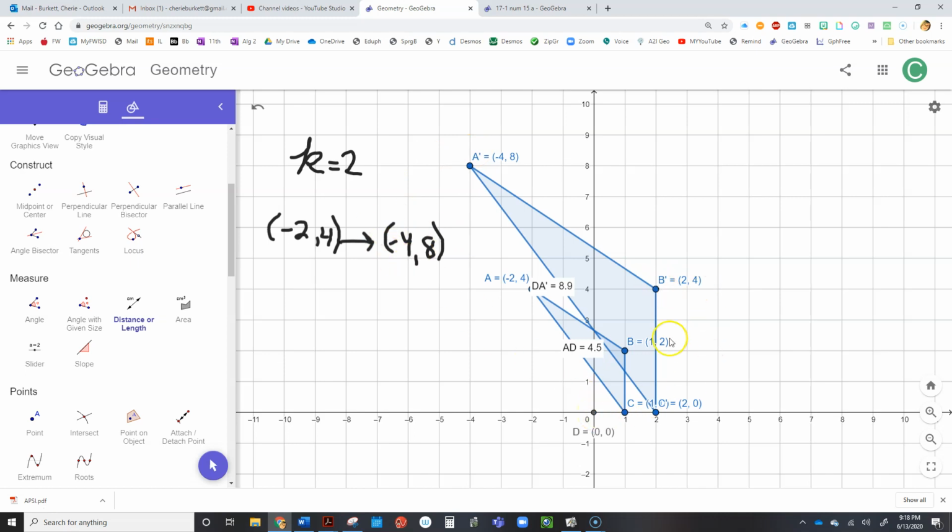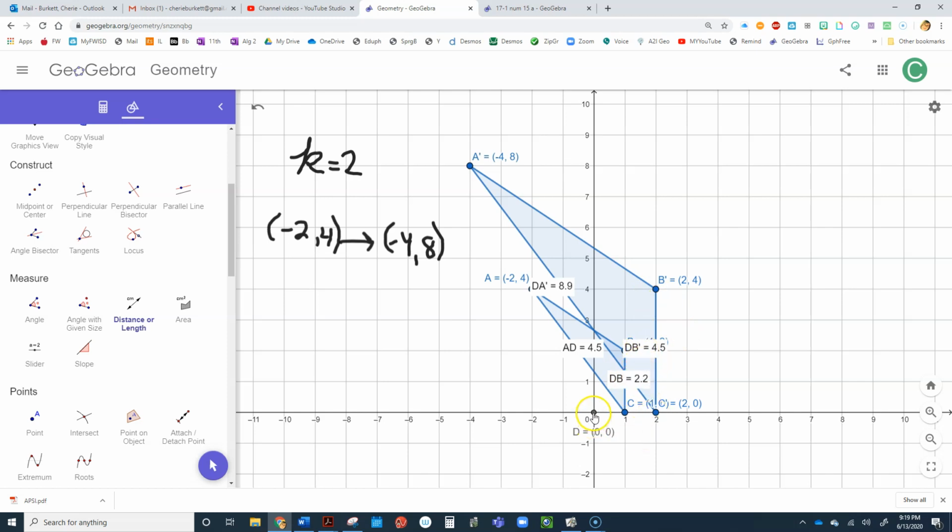And if I went back and measured from the center of dilation to B, that's 2.2. And then when I measure from the center of dilation to B prime, it should be about 4.4. So let's see what it is. It's about 4.4. So again, there's a round off error.